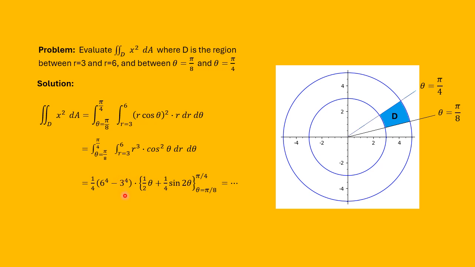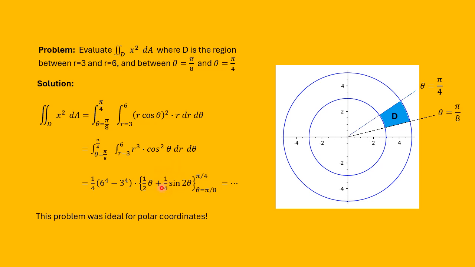The integral of r cubed dr is one fourth r to the 4th, and we're evaluating that at 6 and 3 and subtracting. So that explains this factor right here. And when we integrate cosine squared theta d theta, where theta goes from pi over 8 to pi over 4, this is the antiderivative of cosine squared theta.